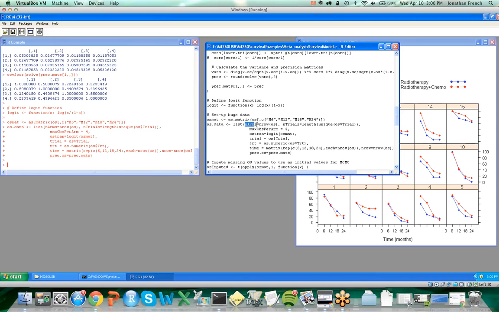The data that I'll pass in will be the number of arms, the number of trials, the maximum number of observations per arm, the logit transform survival probabilities, a trial indicator, a numeric treatment indicator. This is going to be 1 or 2. Trial here is going to range from 1 to 17. We'll have a time vector and then our precision array.